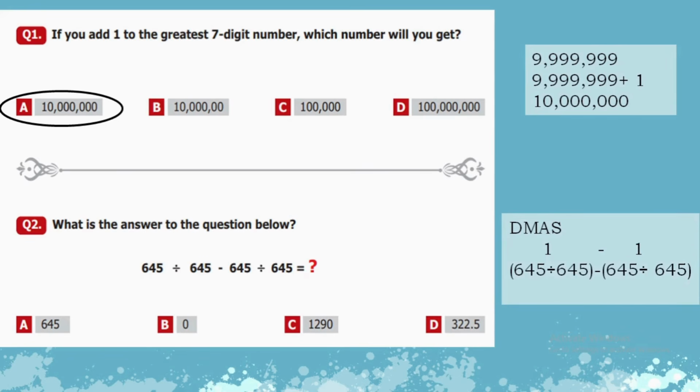For your better understanding, I am putting brackets over here because we have to divide first. 645 divided by 645, answer will be 1. Minus stays as it is, and again when we divide it, answer will come 1. So 1 minus 1 is equal to 0. So ultimately the answer is 0 here.